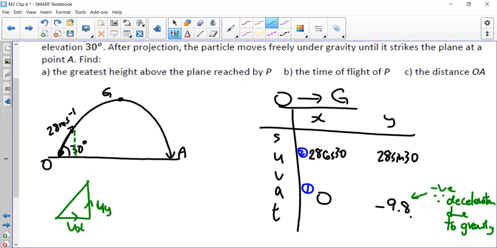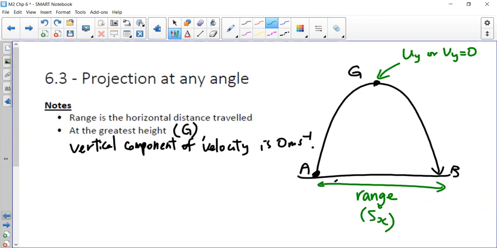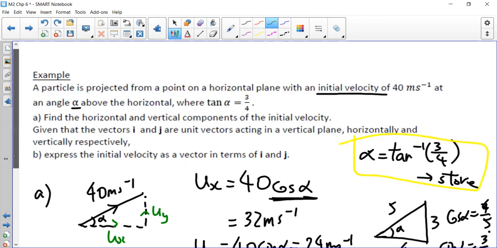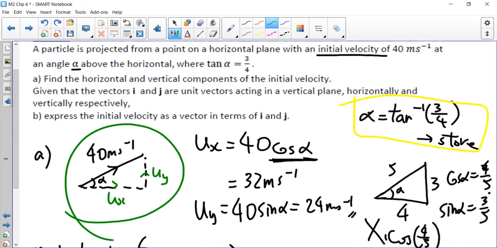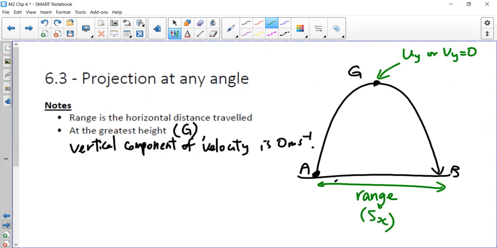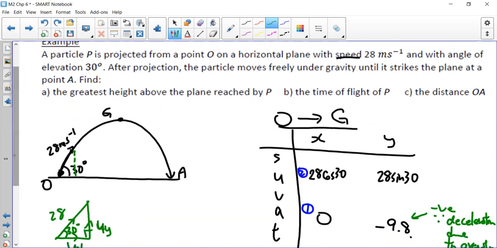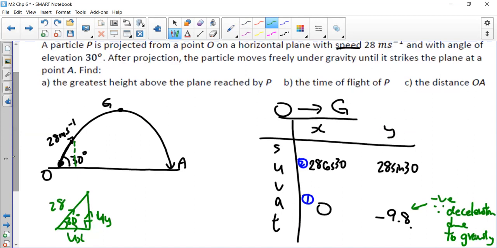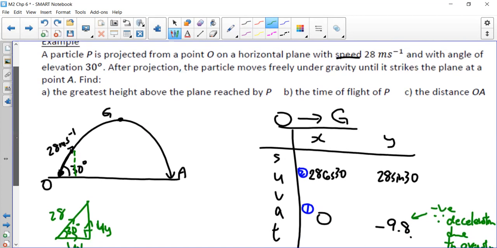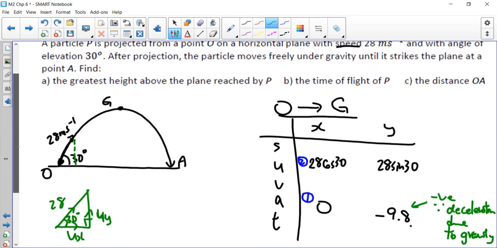You don't have to draw this diagram every time, I'm just showing you. It's essentially the trigonometry you saw in 6.2. So ux and uy will become the second step. Now the third step onwards, you will have to play it by ear, depending on what you're given in the question. This time, greatest height.